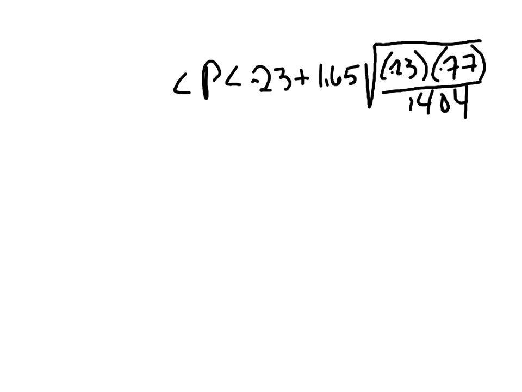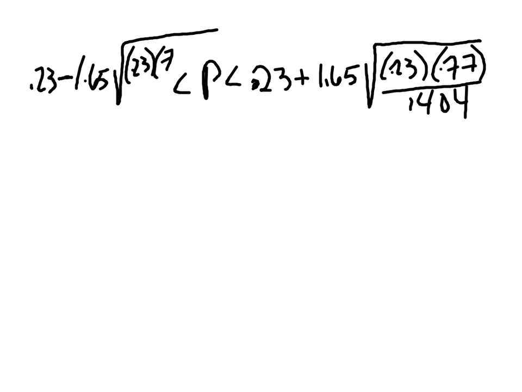That's the amount we're going to add to 0.23. And on the other side of the equation, we're going to have 0.23 minus 1.65 times the root of 0.23 times 0.77 over 1,404.